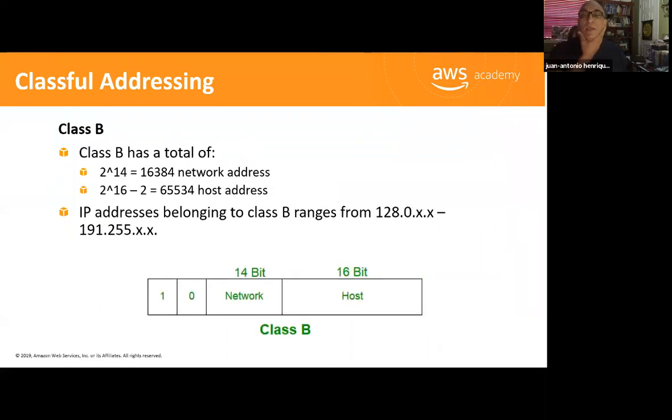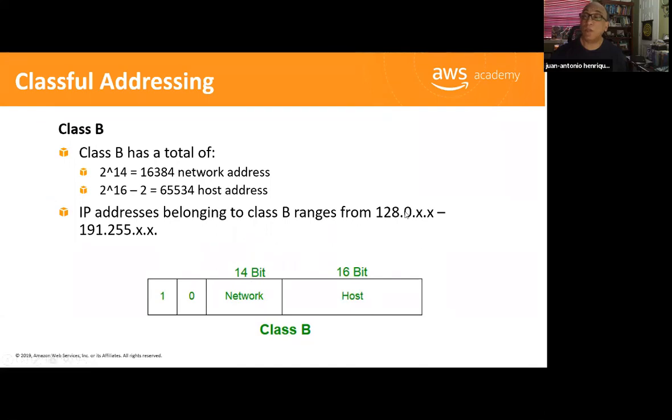So in a Class B, you have 2 to the 14 possible network addresses, and 2 to the 16 minus 2 host addresses. For a Class B, you're always going to see the first 2 bits set to 10. You can't change that. It's already given. So that gives you 14 bits available for your network address and 16 bits available for your host addresses.